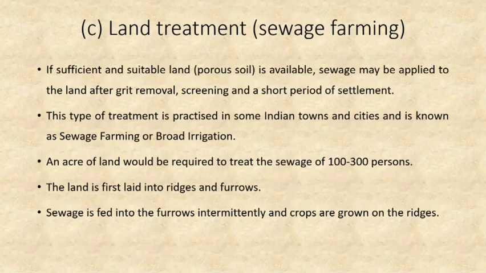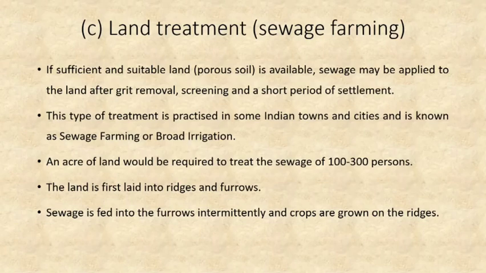Then third treatment is land treatment, or it is also called sewage farming. So if sufficient and suitable land is available, land of porous soil, then sewage may be applied to the land after grit removal, screening and short period of settlement, not directly.